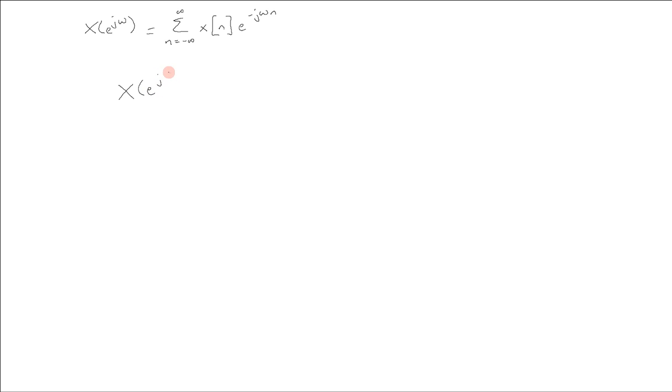In other words, we'll take e to the j omega plus an integer multiple of 2 pi and see what that's going to result in. That's going to be the sum from negative infinity to infinity of x of n e to the minus j times omega plus k 2 pi, where k is any integer, times n.